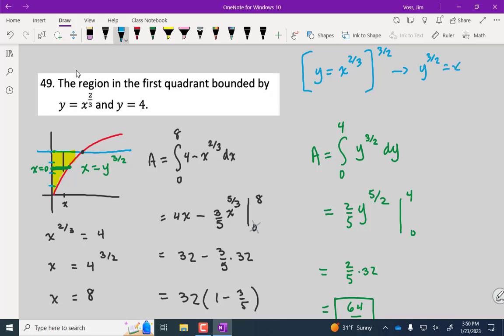Remember that when you have a power raised to a power, you multiply the two together. If the powers multiply to 1, that's our goal, because that takes away that exponent and leaves us with an exponent of 1.